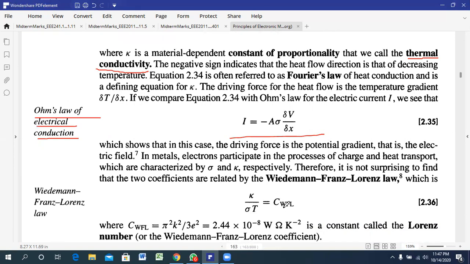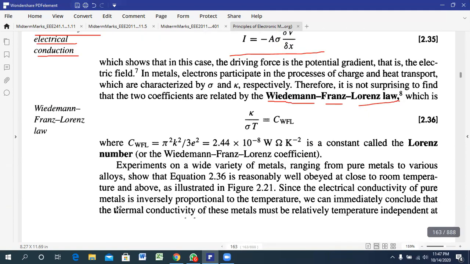So this WFL stands for Wiedemann-Franz-Lorenz law. C_WFL is a constant term, and that is equal to pi square k square divided by 3 e square. Here k is known as the Boltzmann constant.